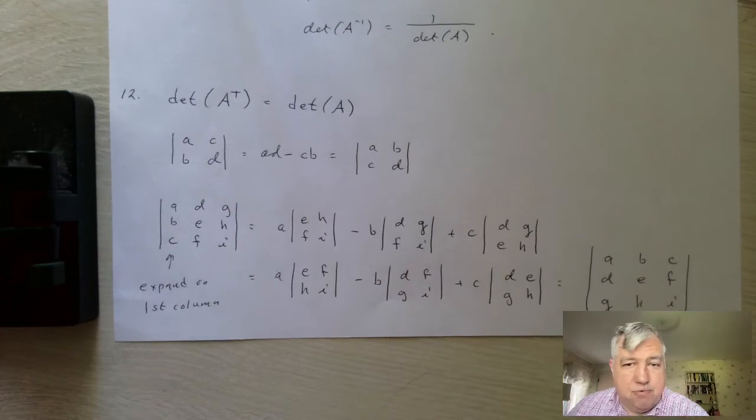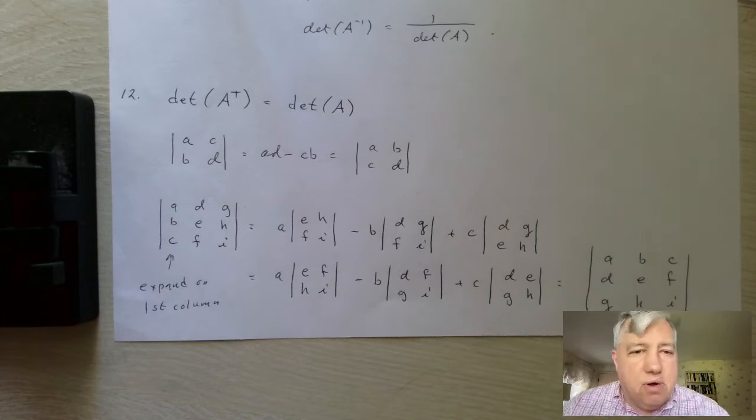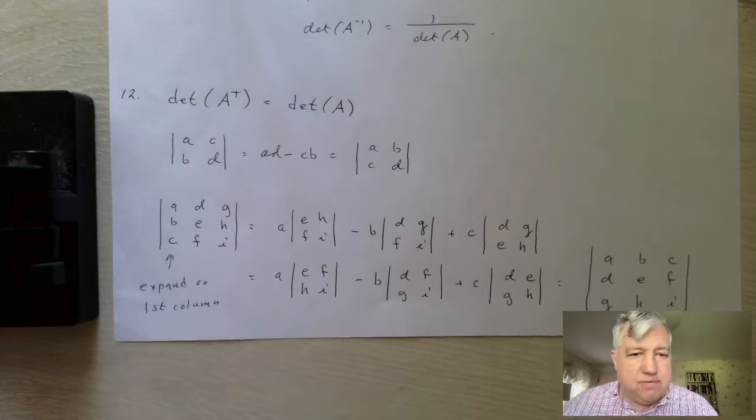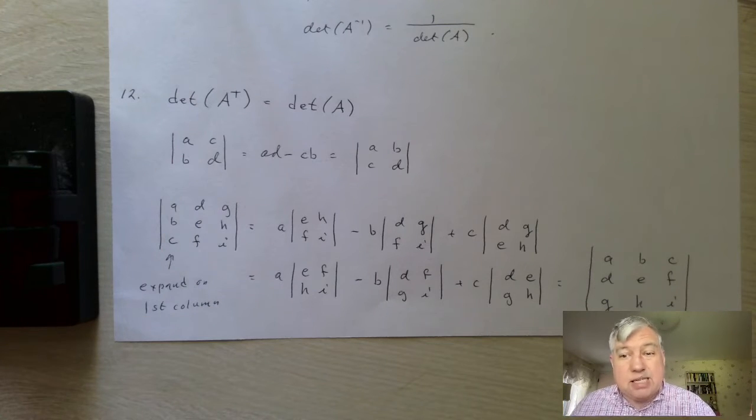So it's true for 3 by 3 matrices, and in a similar way you can do it for 4 by 4 matrices. Again, the trick is to expand along the first column, because the first column is the first row of A transpose and vice versa. So that's why it works.